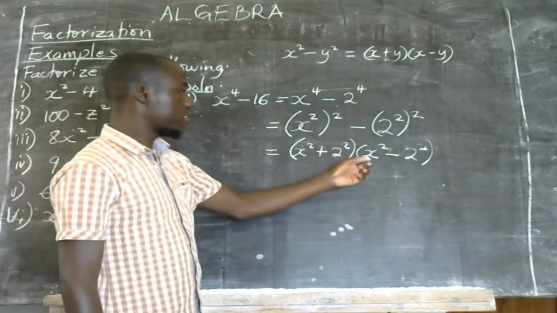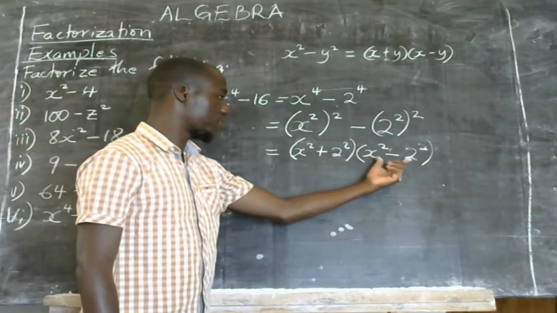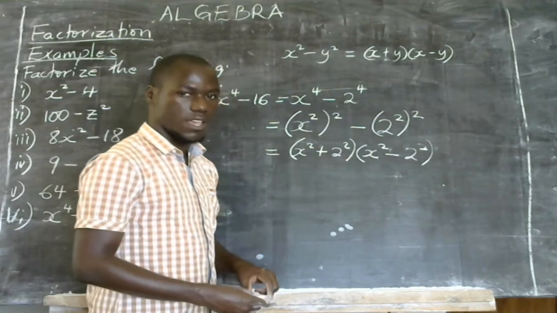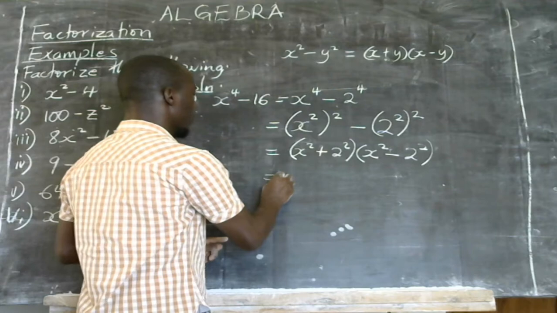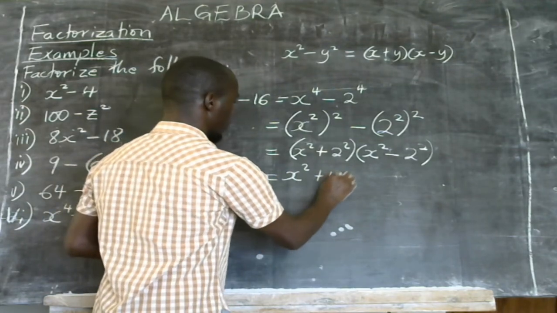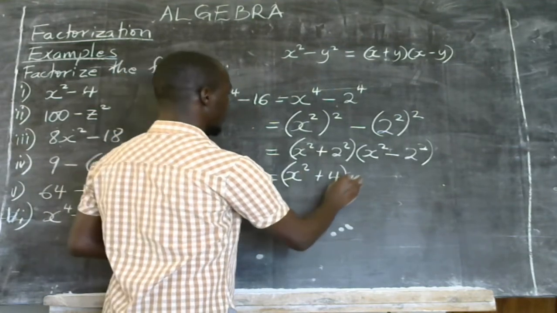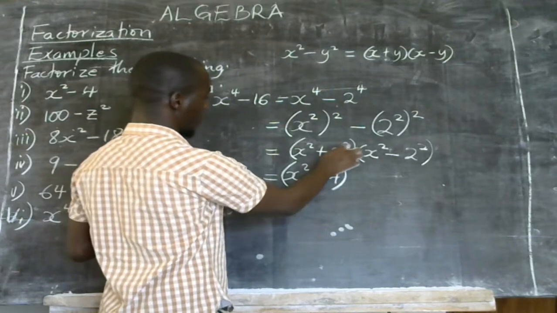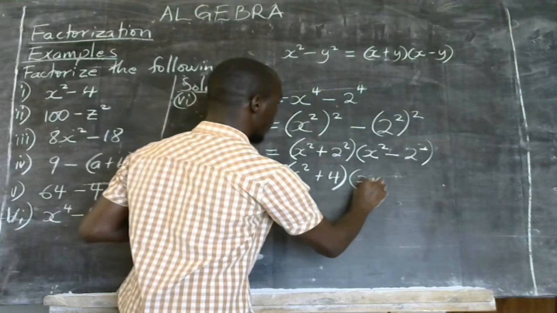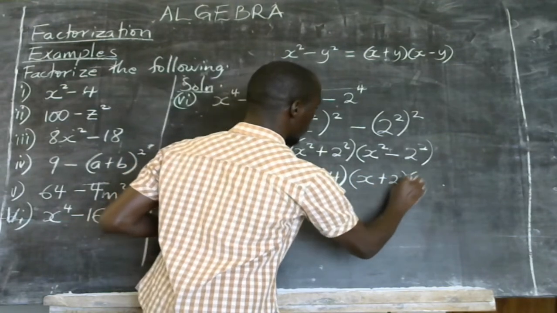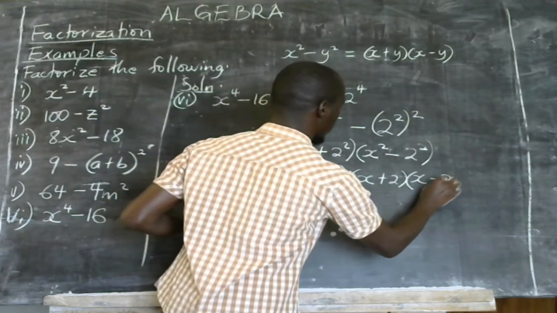You can see that even this other bracket is giving me a difference of 2 squares. I must also factorize that. So the 2 here squared, I'm going to just write it as 4, then into brackets x plus 2, then into x minus 2.